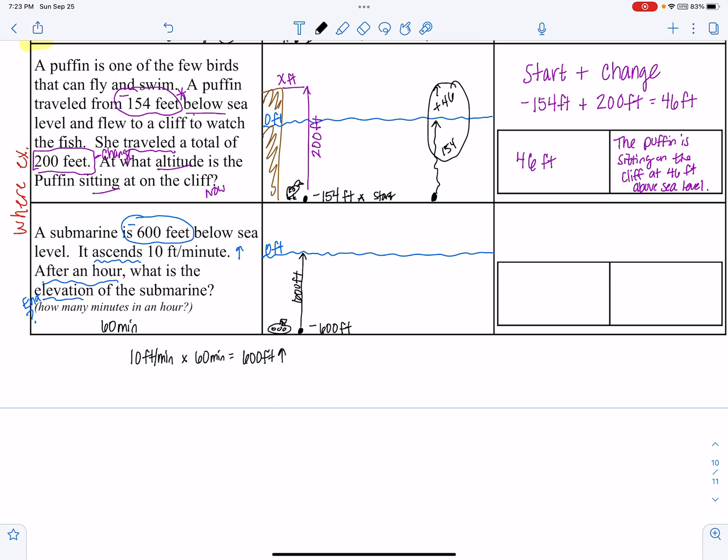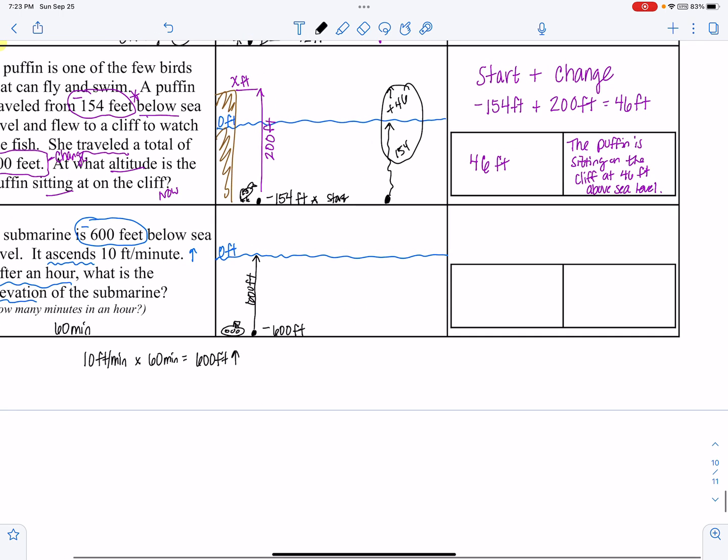All right. Since we're doing a problem, we're finding the ending location. I know that we're going to do start, and because we're going up, it's addition. And so start plus whatever the change is will get me my end location. My start was negative 600, and my change was the 10 times 60.